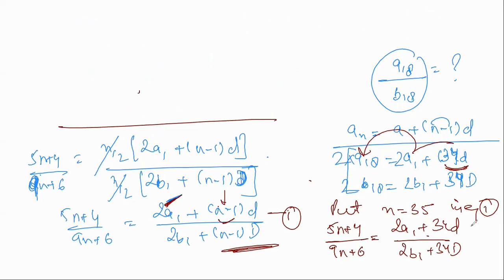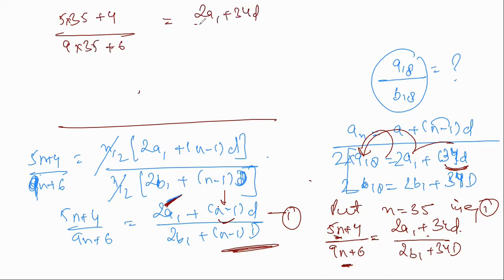See here, I have made one mistake. I have not put n as 35 here also. I have to put it here also. So let's put it here also. So it will be 5 times 35 plus 4 and 9 times 35 plus 6, that is equal to 2A1 plus 34D and 2B1 plus 34 capital D.